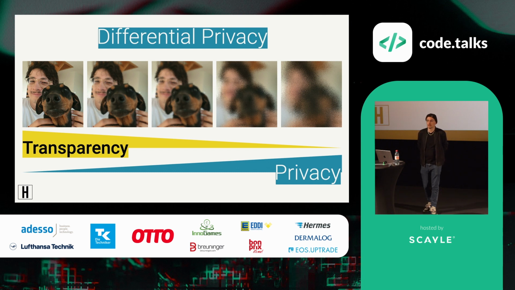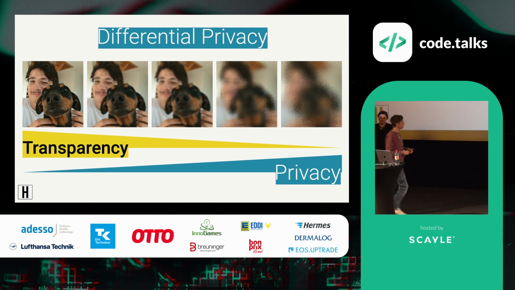If it's more sensitive, we might use more noise. If it's not so sensitive, we don't need that much noise. But of course, we always need enough noise so the privacy is preserved. And this is just an example for image data. This can also be done for other kinds of data. So that's really cool.